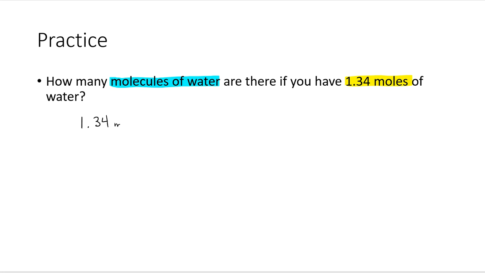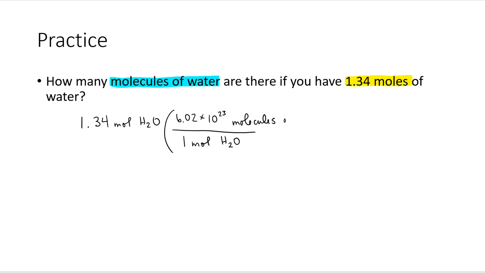We have 1.34 moles of water, and every 1 mole of water contains 6.02 times 10 to the 23rd molecules of water. So again, it can be anything. The previous slide we had atoms of something.